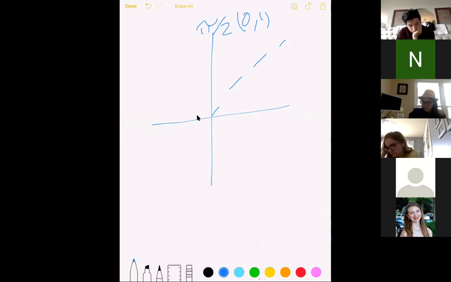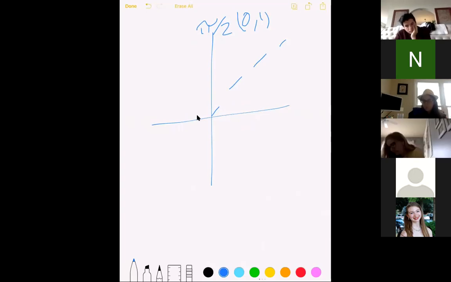Can you repeat that? My audio just cut out for a second. Yeah, that's fine. So cosine would be 0 minus the angle, which is just the negative angle, and then sine would be 1 minus the angle. Thank you.